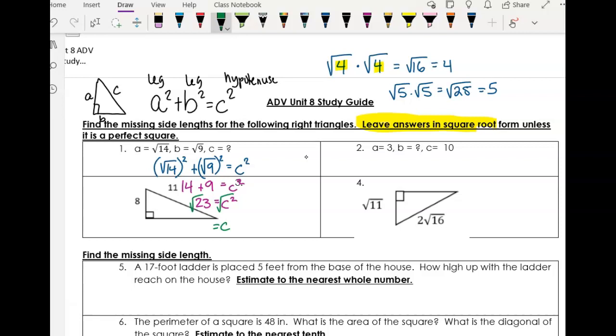The square root of c squared is asking what number times itself gives you c squared, and I can repeat that c twice, right? Those are the exponent rules. And 23 is not a perfect square, so we leave it in radical form. We don't have units, so we'll say square root of 23, and just to play it safe, we'll say units.